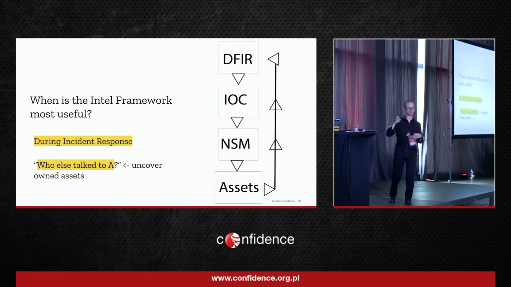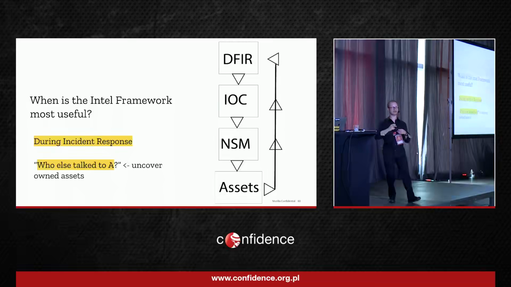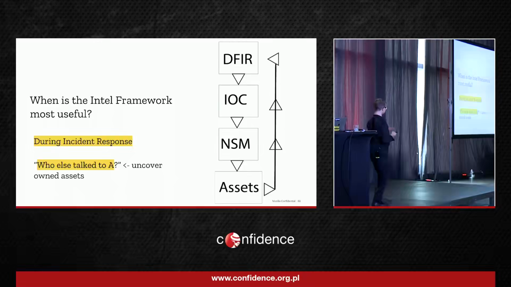You take it, and this backdoor, for example, communicates with a CNC server on the internet. You take this IP of the CNC server, you deploy it back into the NSM, and the NSM 5 minutes later is like, hey, I found some more hosts talking to the CNC server.